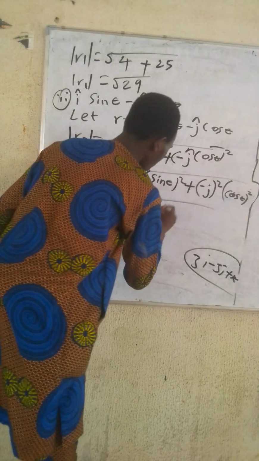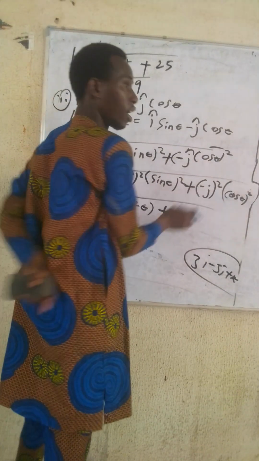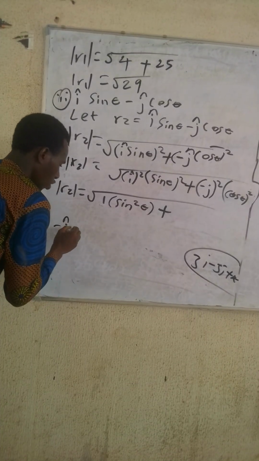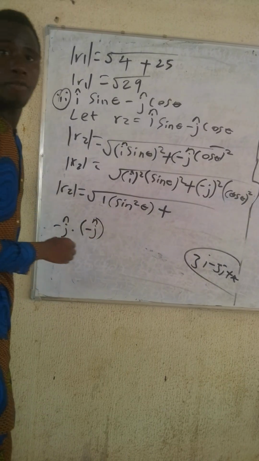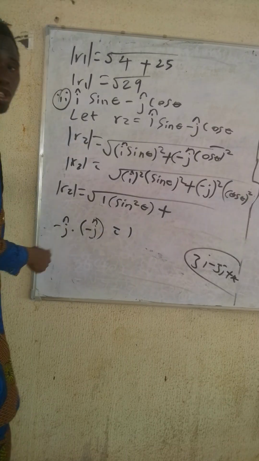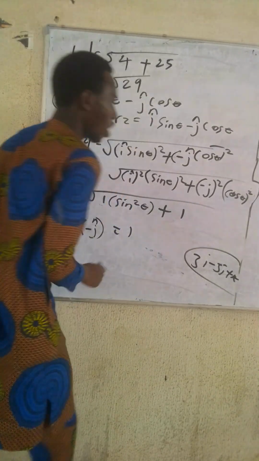Let's divide it by plus. Minus j squared means minus j vector dot minus j vector. J dot j is 1. Minus times minus is plus. So we have 1.